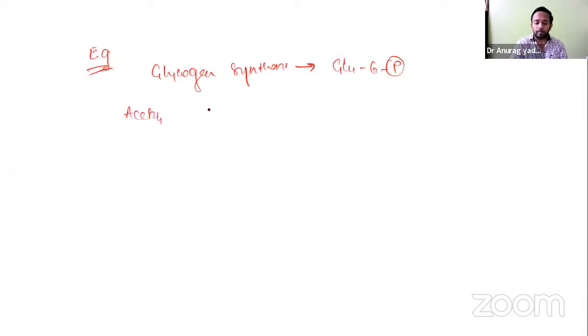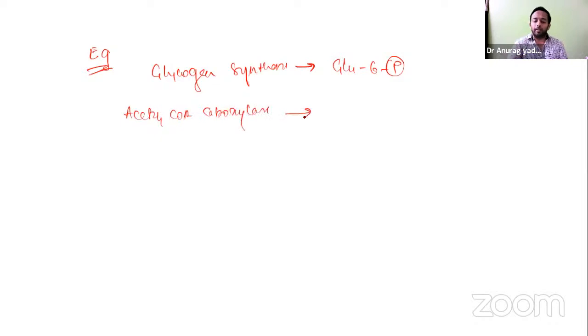So what are the activators and inhibitors of some reactions? For example, glycogen synthase is activated in the presence of glucose 6-phosphate. When glucose 6-phosphate concentration increases, glycogen synthesis starts. That is the activator. One more example, acetyl-CoA carboxylase.